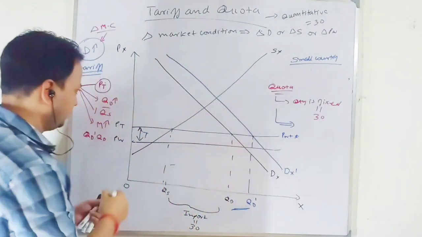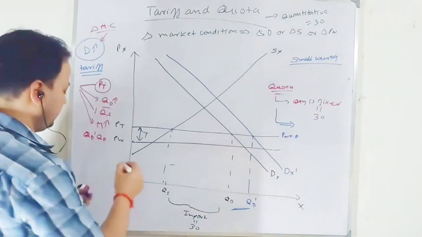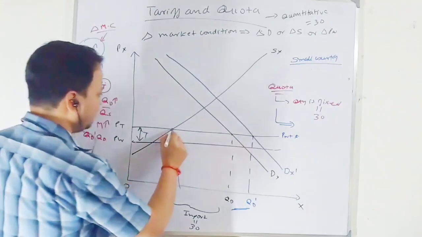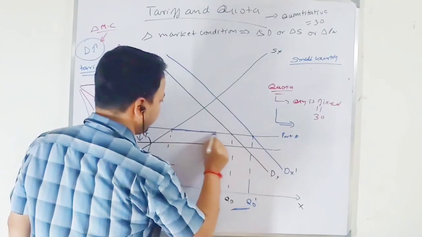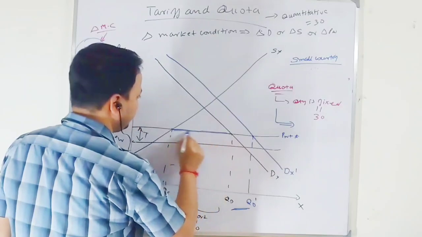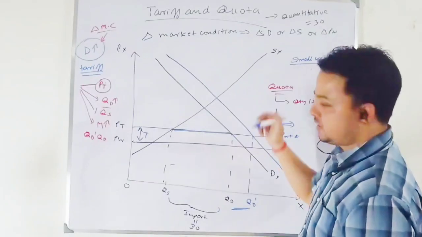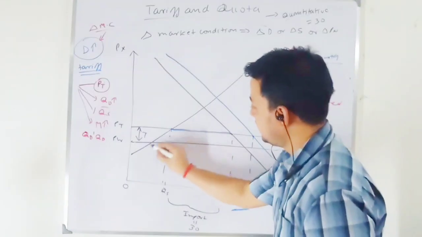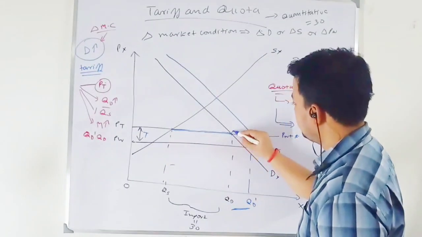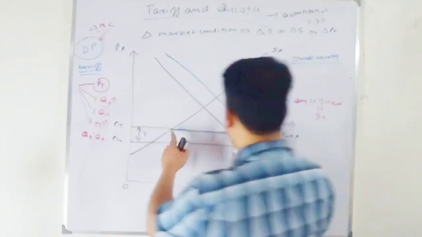Let's look at this graph. Let me use this blue pen. This is what I have in the quota case also. We start from the same position. So domestic demand increases. How much will domestic supply increase? If you remember, this is the supply curve going like this. So I will take the same distance.